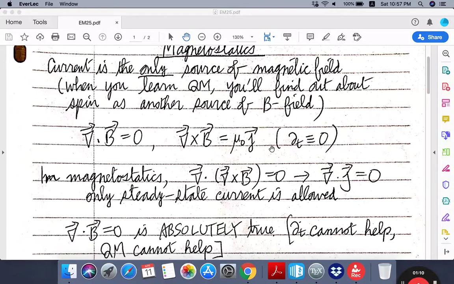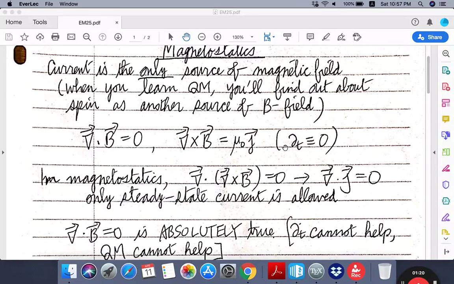In the case of steady state, any sort of time derivative will become zero, and in that circumstance, the curl of the magnetic field is proportional to the local current density vector, while the divergence of the magnetic field is strictly zero. So what this is telling us is that if you want to generate the magnetic field, then you must have an electric current somewhere in space.